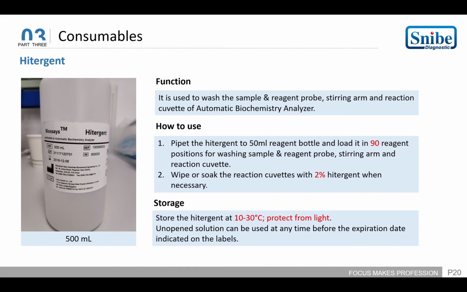Add it to a 15 ml reagent bottle and load it in reagent position 19 for washing the sample and the reagent probe, stirring arm and reaction cuvettes. And wipe or soak the reaction cuvettes with 2% solution when necessary. It also needs to be kept at 10 to 30 degrees and protected from light.